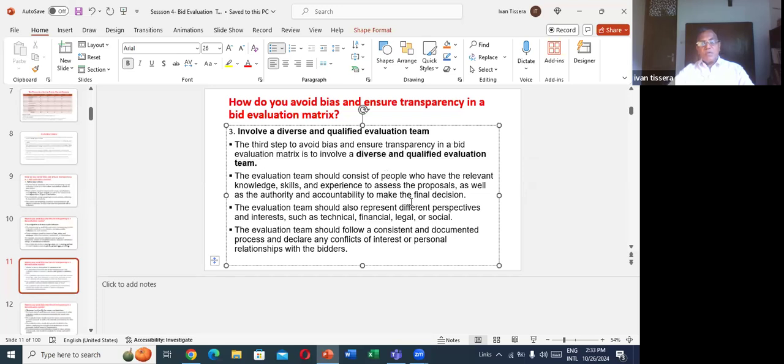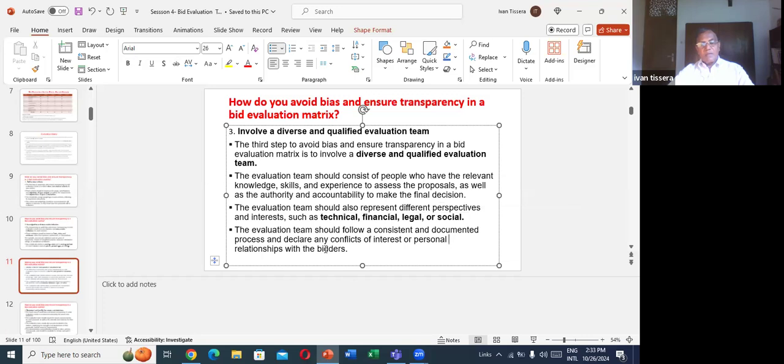The evaluation team should consist of people who have the relevant knowledge, skills, and experience to assess the proposals, as well as authority and accountability to make the final decision. The evaluation team should also represent different perspectives and interests, such as technical, legal, etc. So a diverse team means different areas and different disciplines are covered, right?